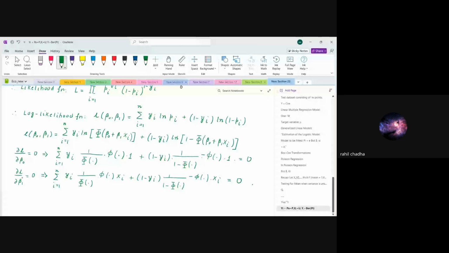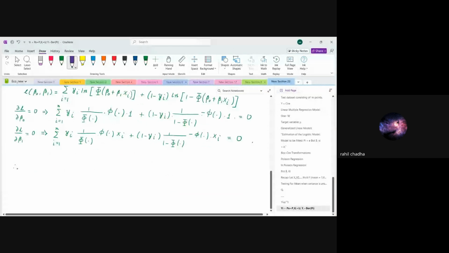So this is a chain rule, no? Yes, chain rule. देख लो if it's making sense to you, otherwise just one question. हाँ, कौन सा? So for example the first second equation, yi into 1 divided by the CDF into that variable. How do we get that?